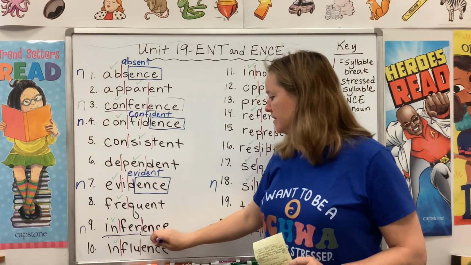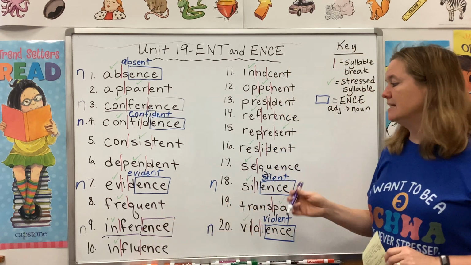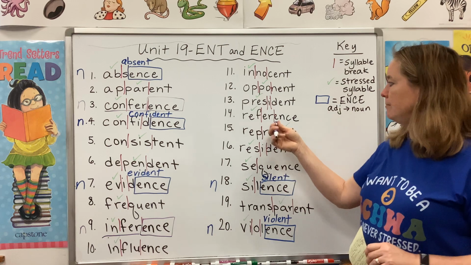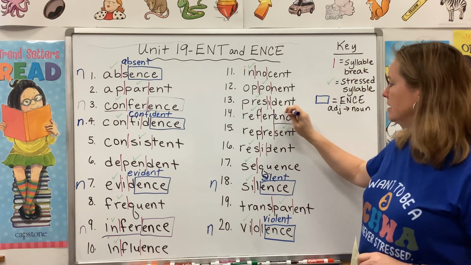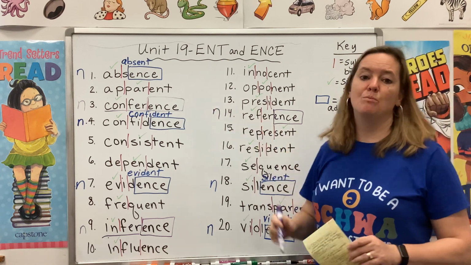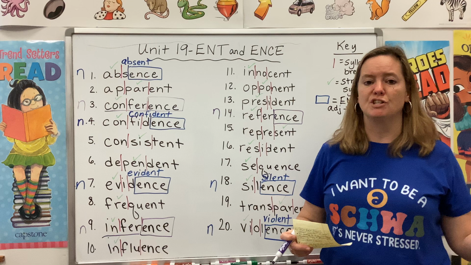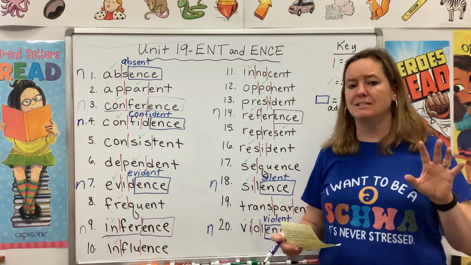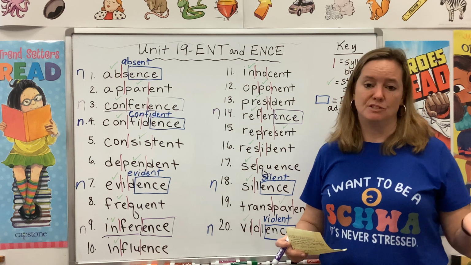So we start with infer and we add that ENCE ending to make it a noun. Let's look at reference. Here's another noun, okay? A reference is something you can go to for information. Like if you're trying to figure out where something is in the world, you might use an atlas or a map as a reference.